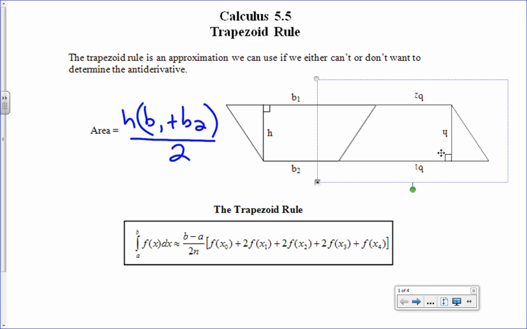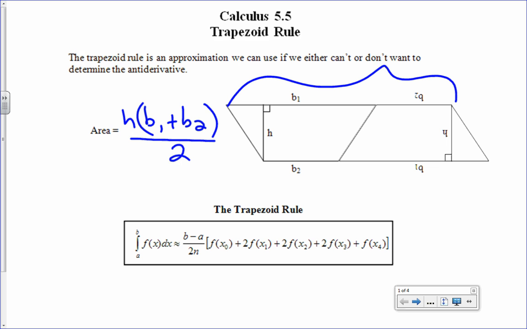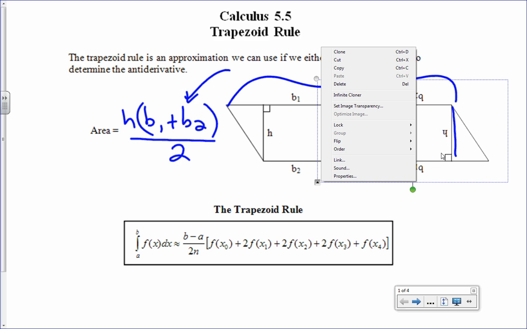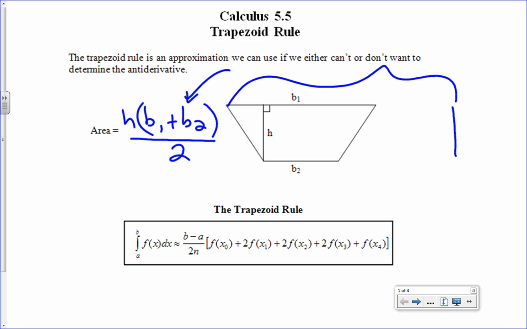But to get this entire base, what do I have to do? Add base 1 and base 2. That's what they have there. Times the height, but then I don't have all of that. I only have half of it. And that's why that formula works quite well. Okay? So that's the formula we are going to take a look at today.